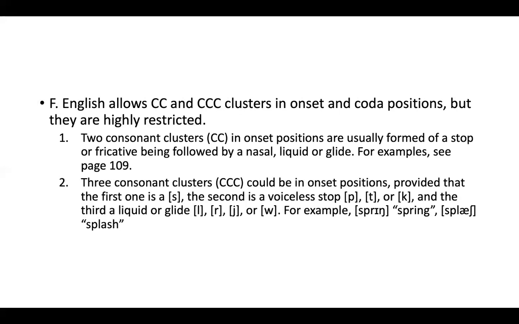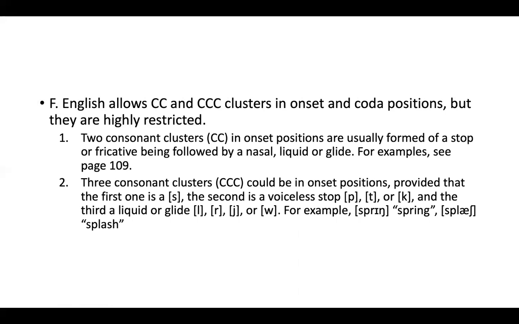The second situation is that you can have 3 consonant clusters in onset positions, but usually the first one is s. The second sound is a voiceless stop, such as p, t, or k, and the third is a liquid or a glide, such as l, r, y, or w.